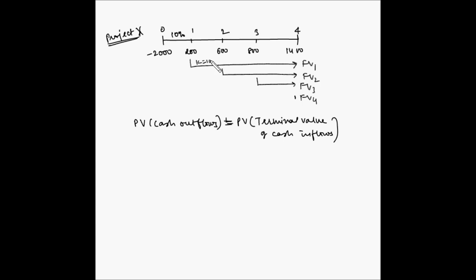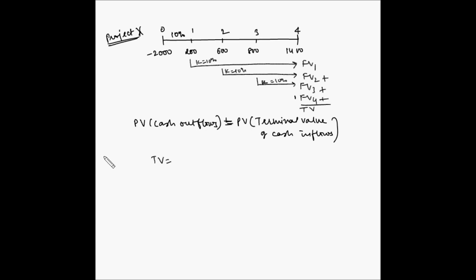So K is 10%. And once we add all these future values, basically what we get is the terminal value of all the cash inflows. So let's find the terminal value.